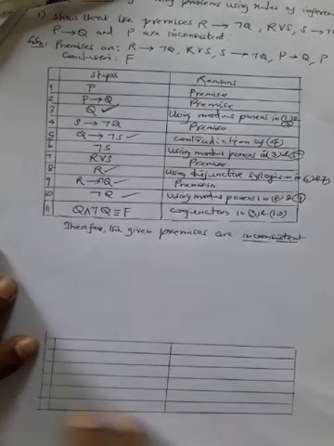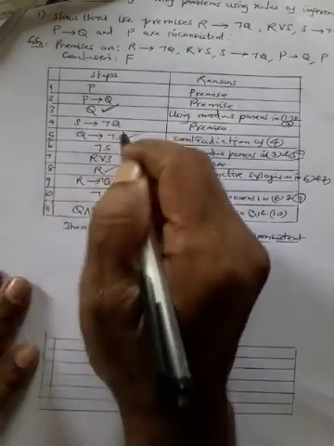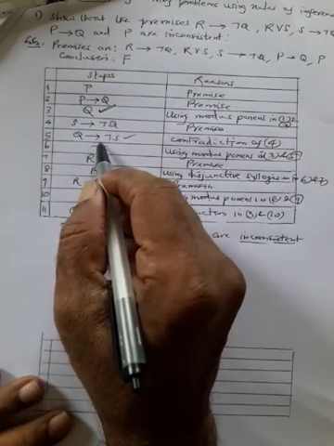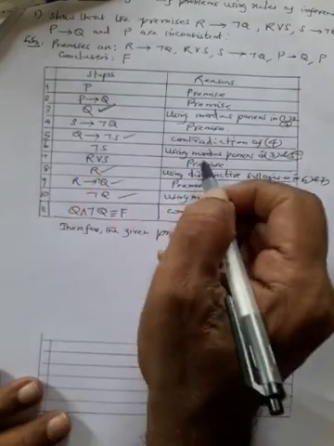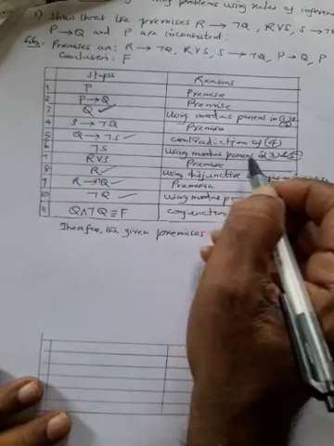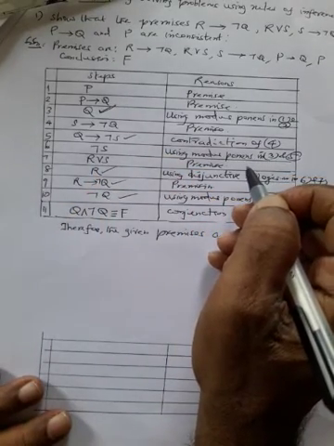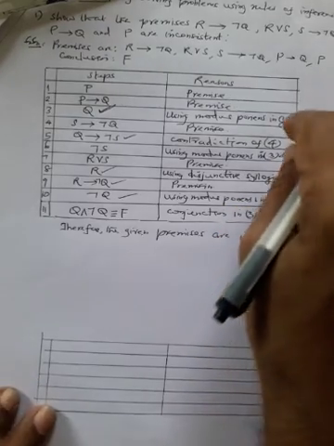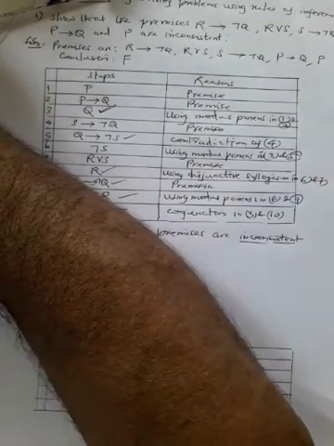Premises are inconsistent. Now here we have taken the contrapositive of 4, right? Contrapositive of 4, not contradiction of 4, contrapositive of 4.